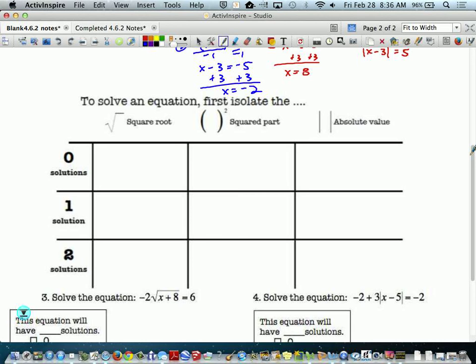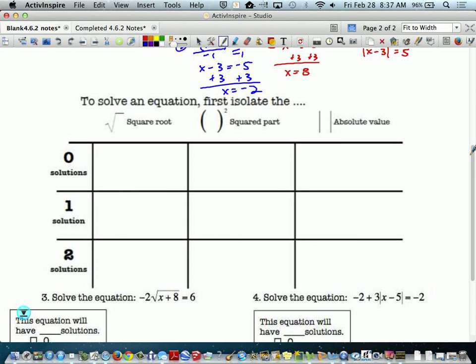So today what I want you to do, and we'll come back to visit this and fill it out, is look at the problems that you've been doing. For instance, when are you going to get 0 solutions for an absolute value?